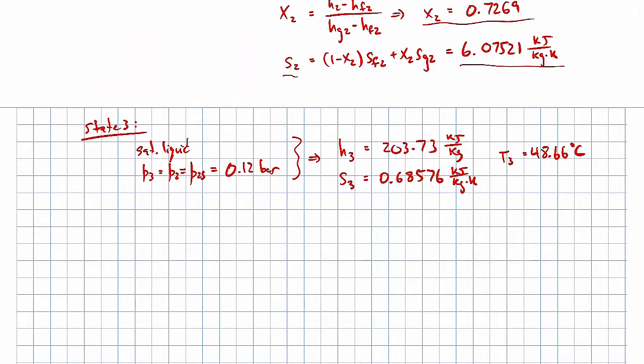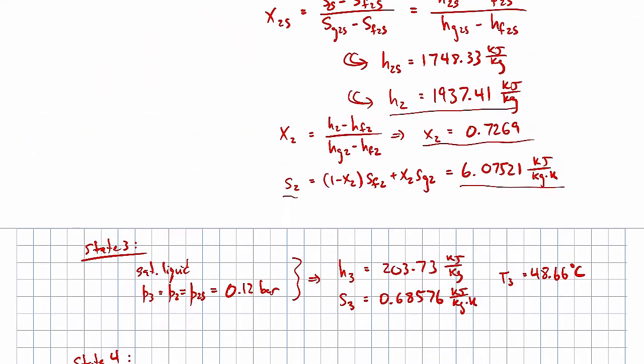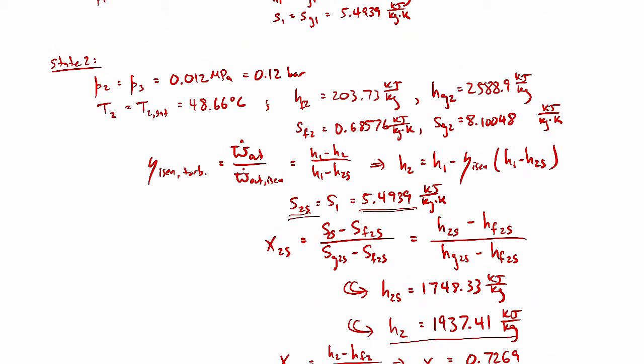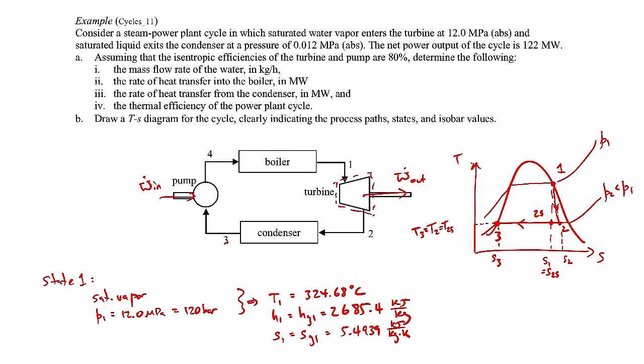Now we're moving on to state 4, our last state. Well, actually, it's not quite the last state. We're going to use the state 4s. For state 4, we're going to do just like what we did for state 2. We know that going from 3 to 4, we're passing through the pump, and we're given the isentropic efficiency of the pump. It's 80%.